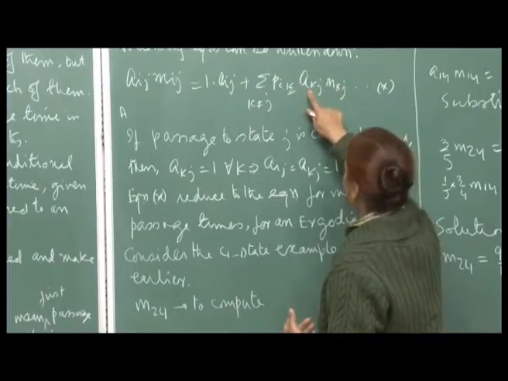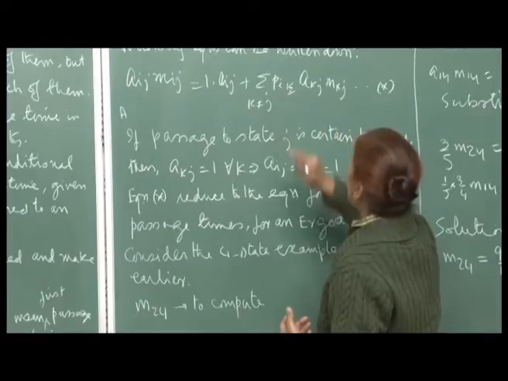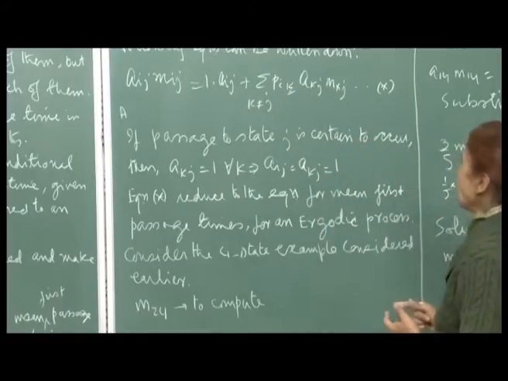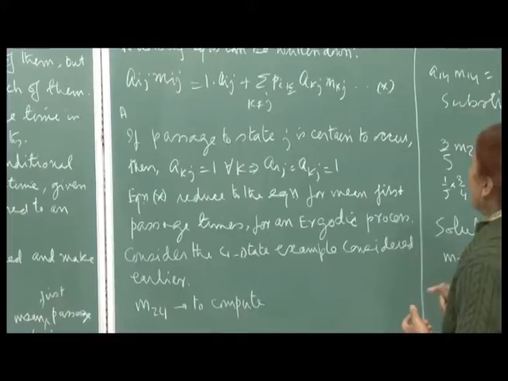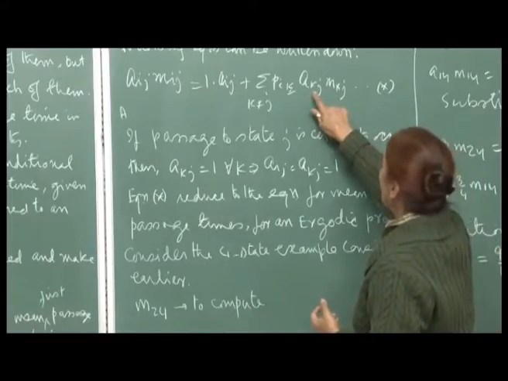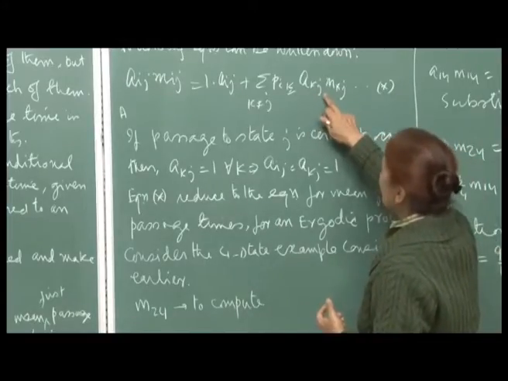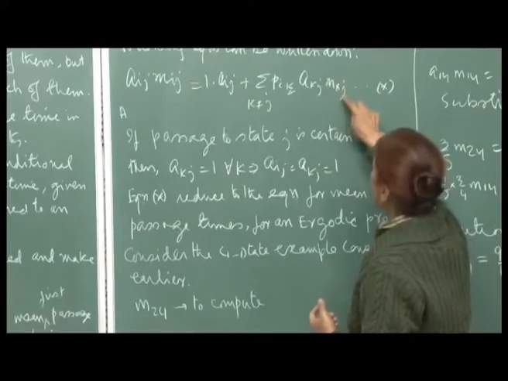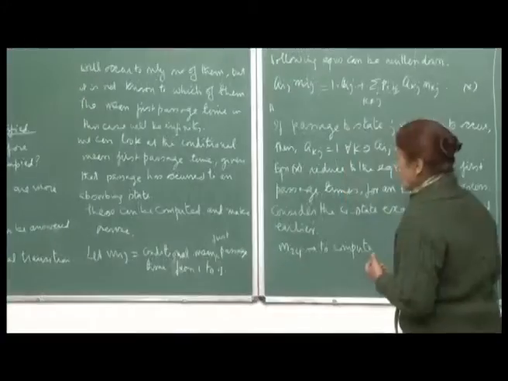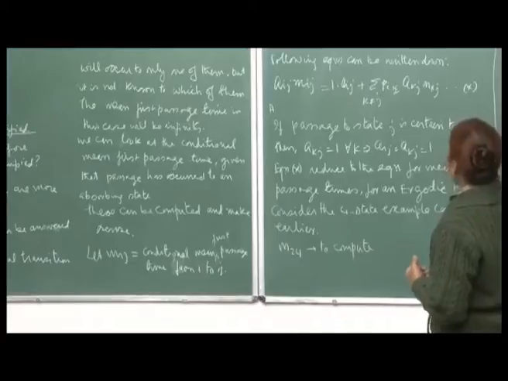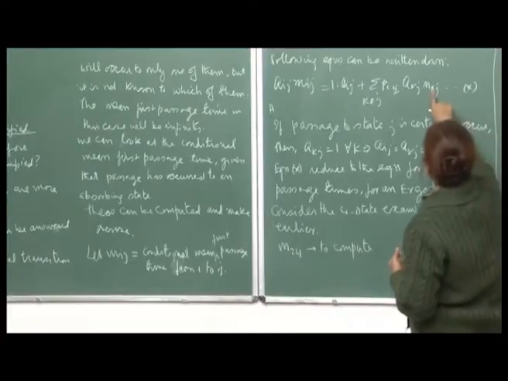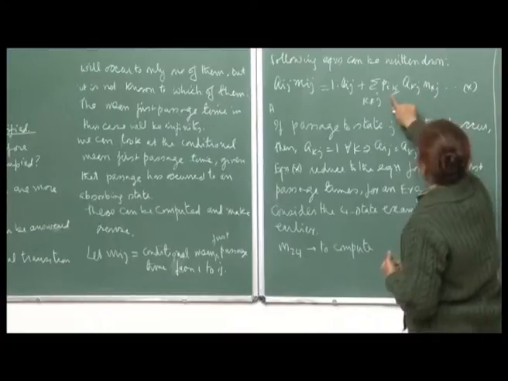So, k is a transient state. I is a transient state, k is a transient state, and then you are finding out the absorbing probability of going to j, and m_kj will be the conditional mean first passage time. That means, you want to go to j when you are in k. So, m_kj into a_kj into p_ik.